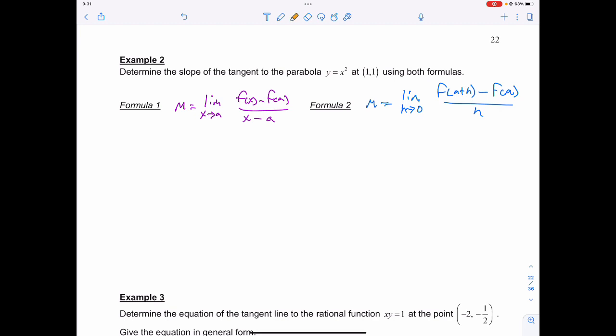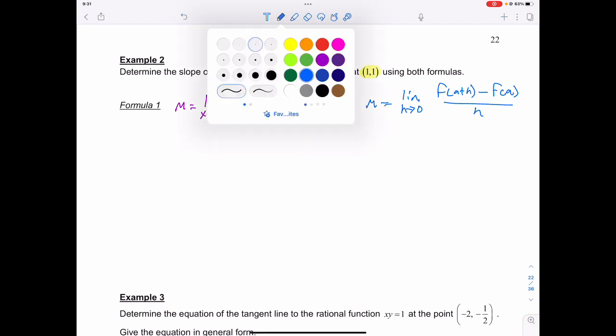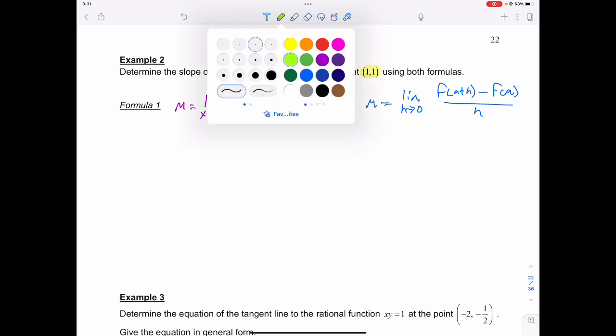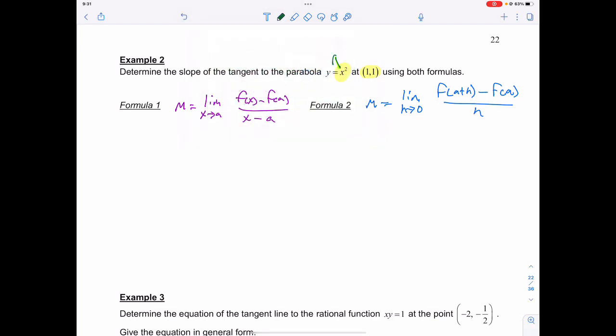Now, we're doing this using the parabola x squared, and we're using the point 1, 1, which means that the x squared is our f of x, and the 1, 1 is our point of tangency.